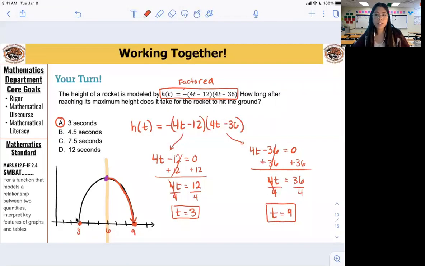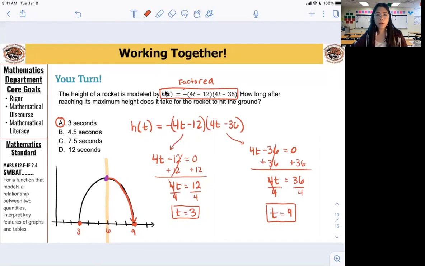Yeah, because where does it start going up into the air? So 3, and then if we count 1, 2, 3, 4, 5, 6. 6 seconds. You can also do 9 minus 3, which gives you 6 as well. So the total time it's in the air is from 3 to 9. That's 6 seconds. But it goes up for 3 seconds and then it comes down for 3 seconds. That's how it works.